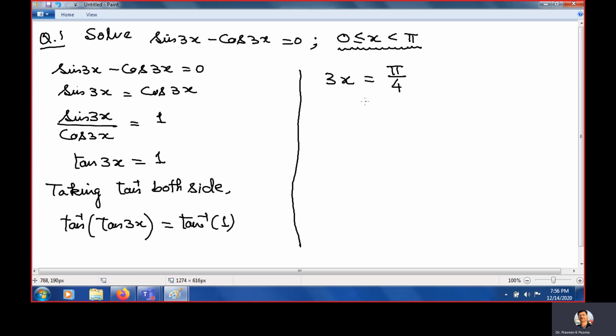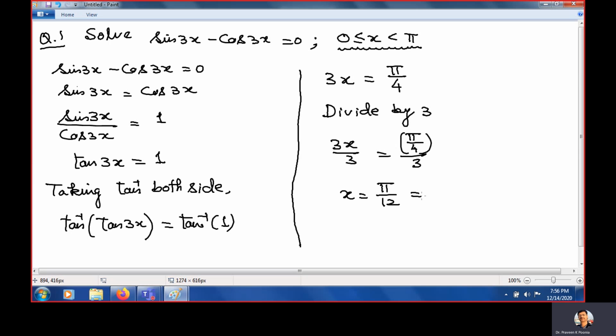Clear? Divide by 3. So what will we get? 3x upon 3 is pi upon 4 upon 3. 3 is cancelled by 3, so x is equal to pi upon 4 times 3, which is 12. And if you will put the value of pi, there are 2 values.